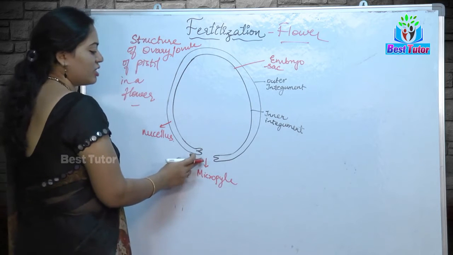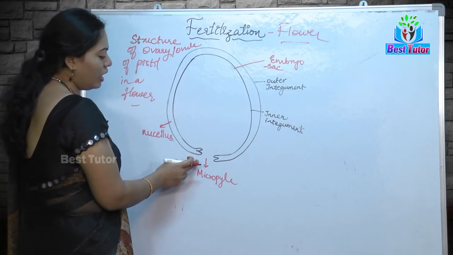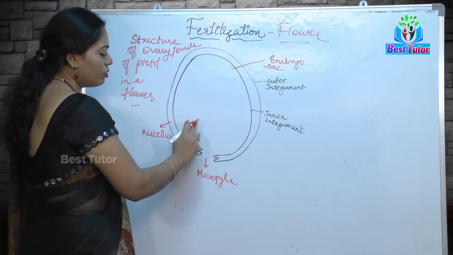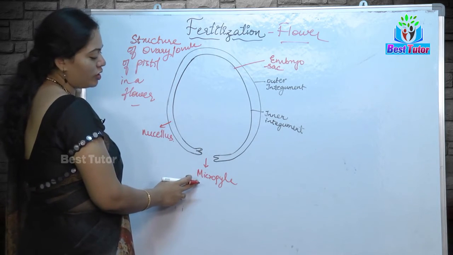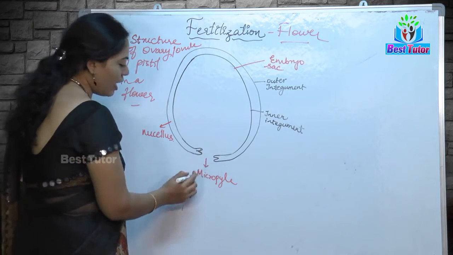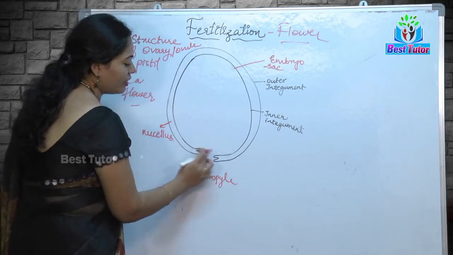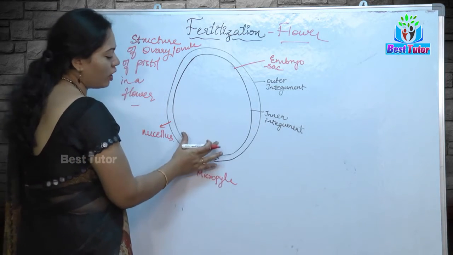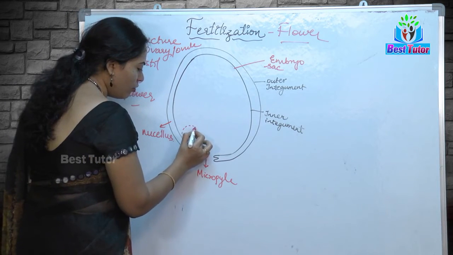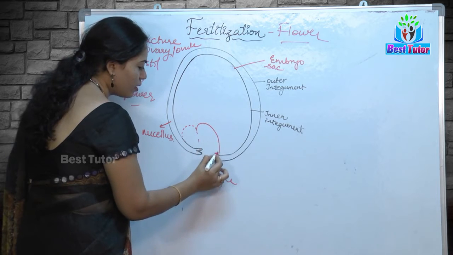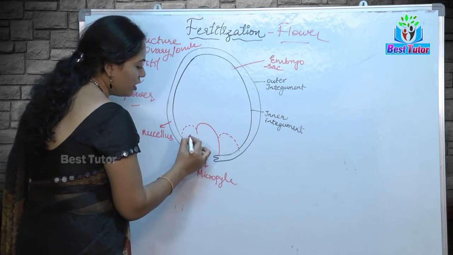The opening of the ovule, which leads into the embryo sac, is known as micropyle. The end which is near the micropyle, we call the micropylar end. At this micropylar end, we have three cells.